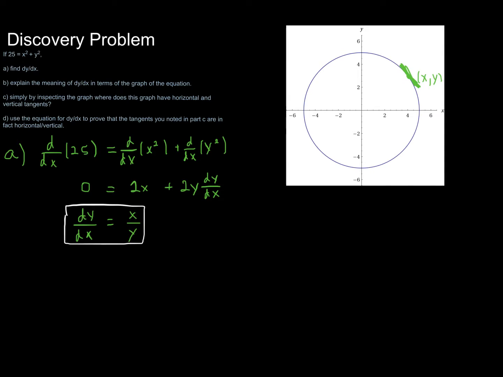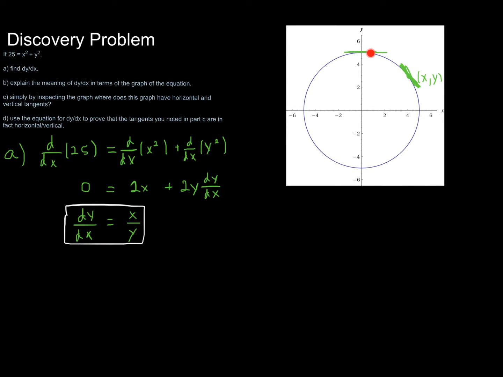So now when I'm thinking about where my graph will have a horizontal tangent or a vertical tangent, I can go around my curve and just envision what the tangent will look like at those points. As I rotate counterclockwise around my curve, I notice that once I get to the top of my circle here, the tangent seems to be horizontal.